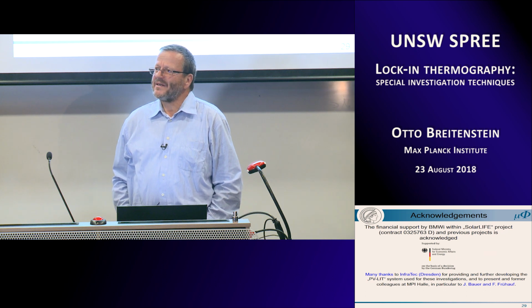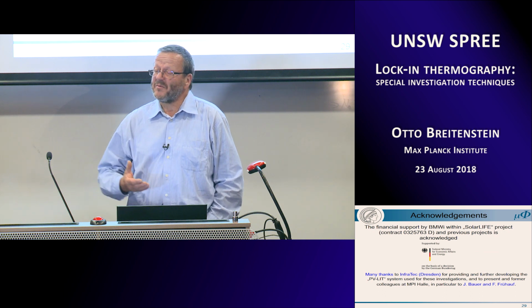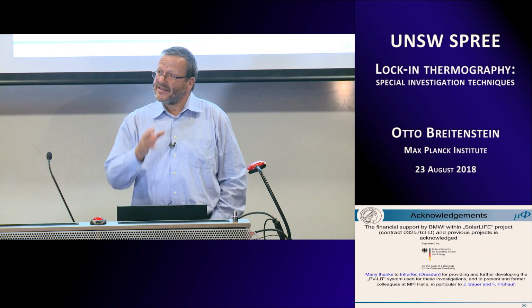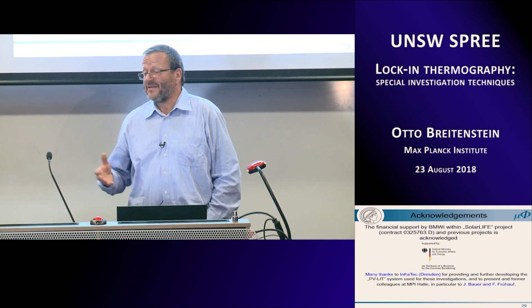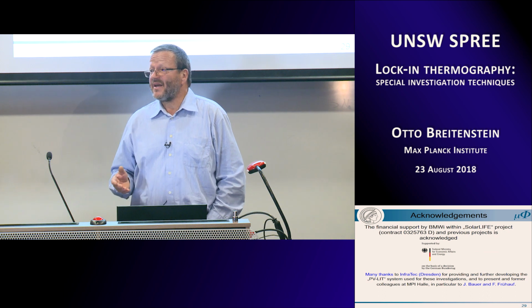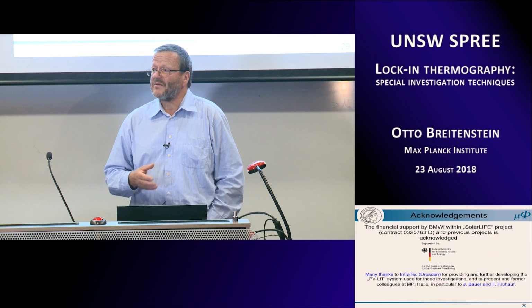Well, the camera is an indium antimonide detector. Our camera, and that's actually the optimum camera today, is 640 times 512 pixels. And it has a frame rate up to 300 hertz. So we have been using 200 hertz here. So it is quite good.